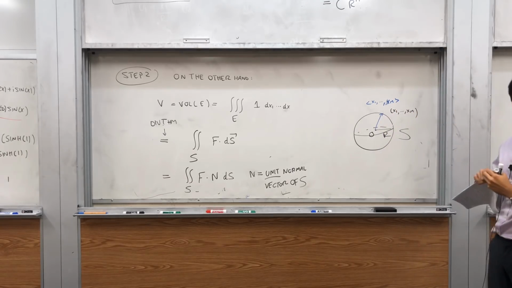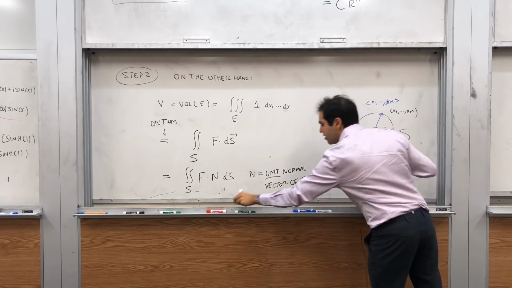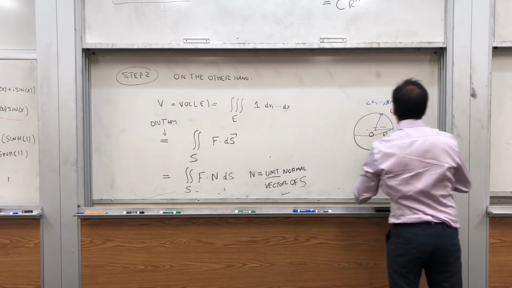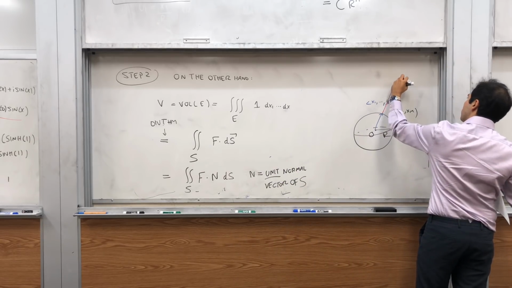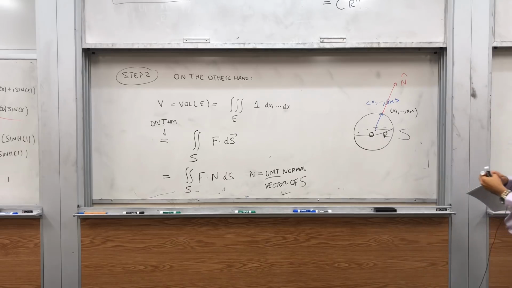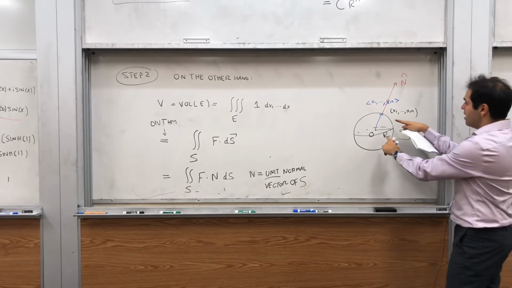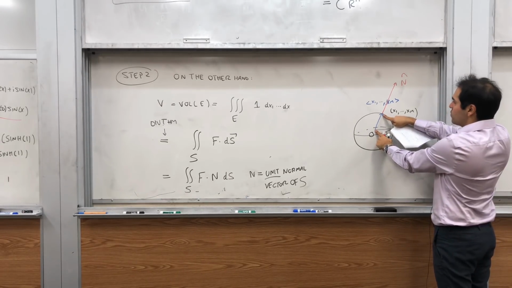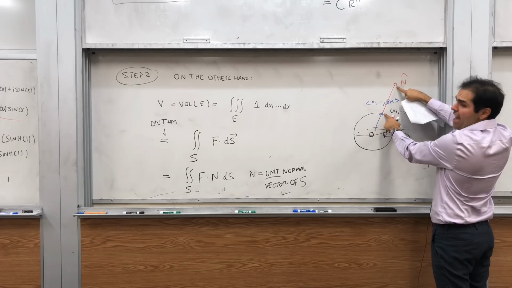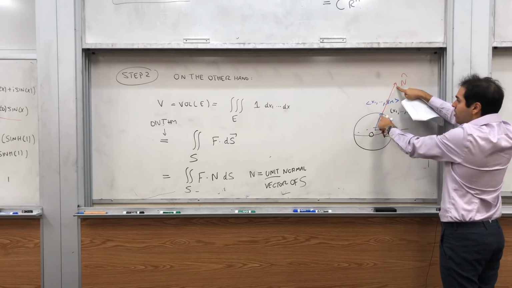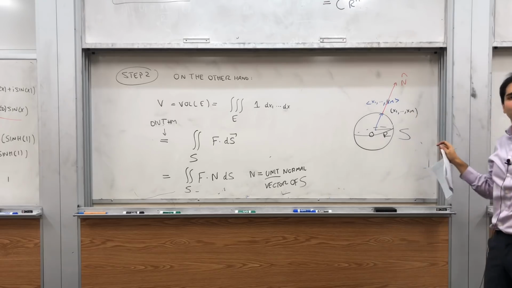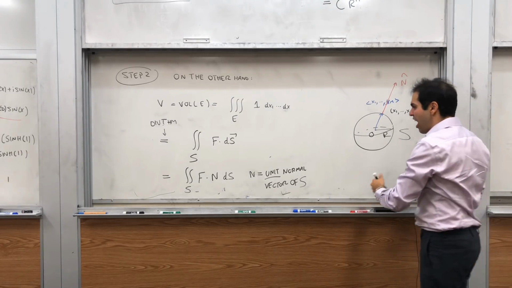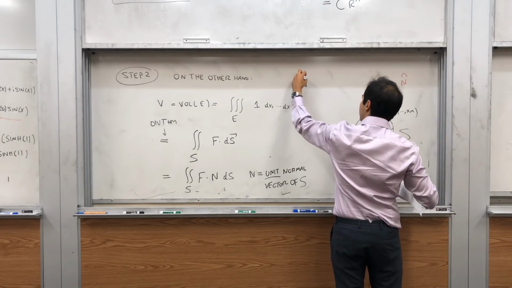On the other hand, look at any normal vector, let's call it n hat. What do you notice? This vector, x1 up to xm, and any normal vector are multiples of each other.